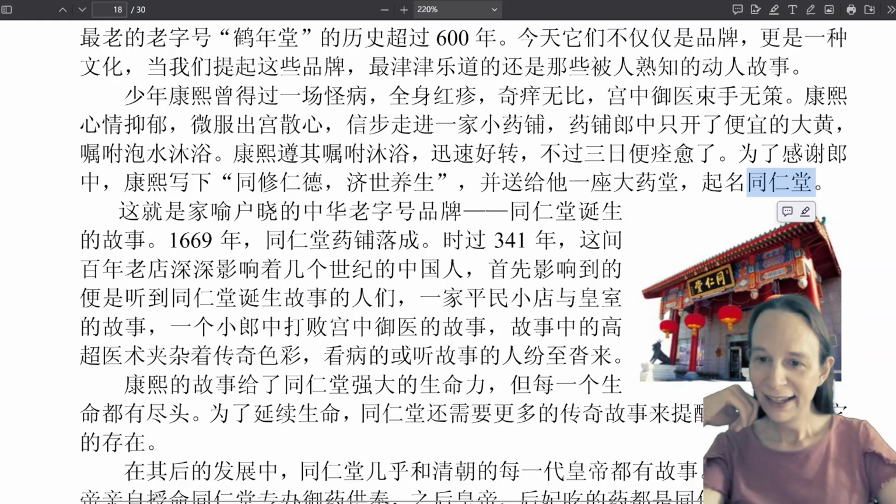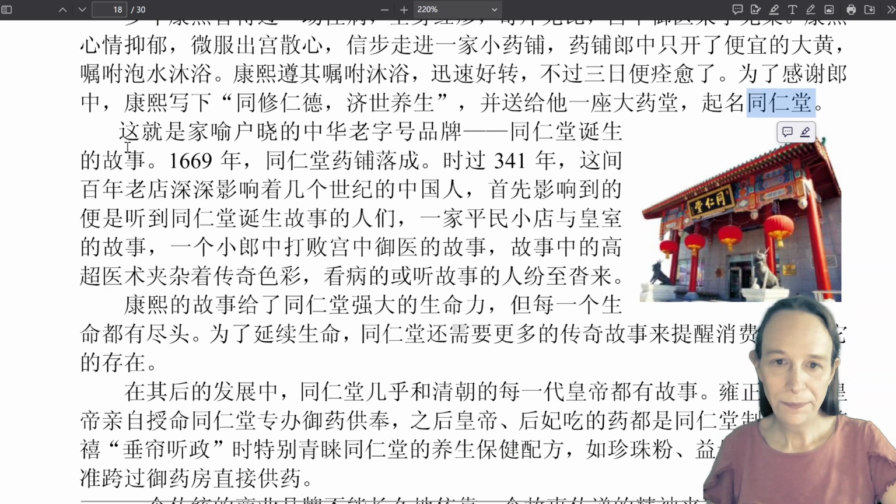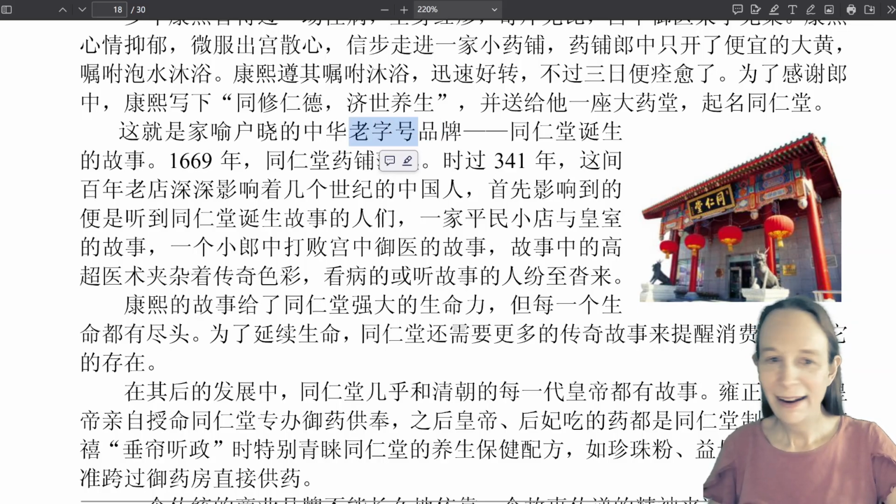So this pharmacy chain goes all the way back to Kangxi. 该就是家喻户晓的中华老字号品牌. Did you get that?